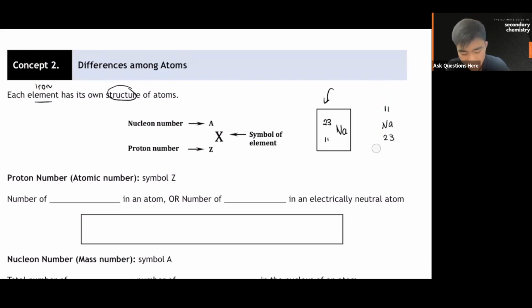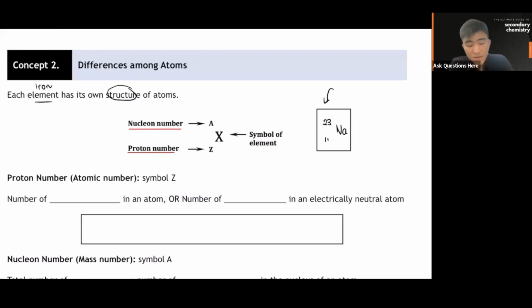So I'm going to erase this one first. Let's talk about the conventional way of writing. At the top over here, we are talking about the nucleon number. Now, what is the nucleon number and what is the proton number? At this point of time, I want you to understand with me. Just now we talked about nucleons.